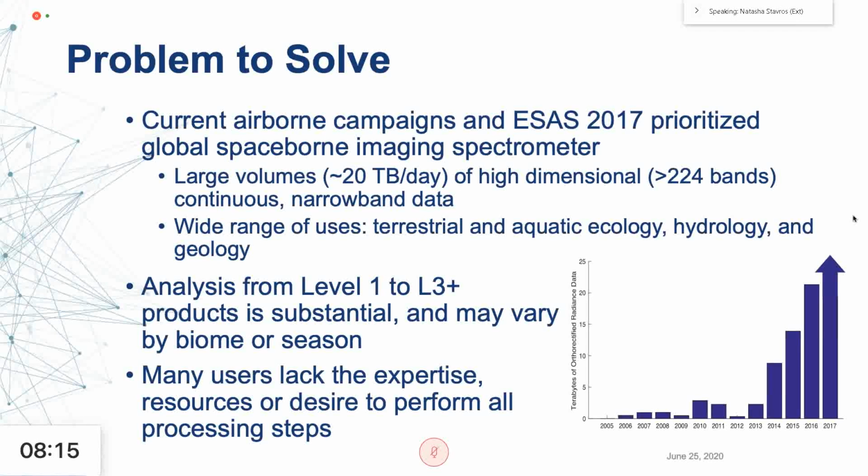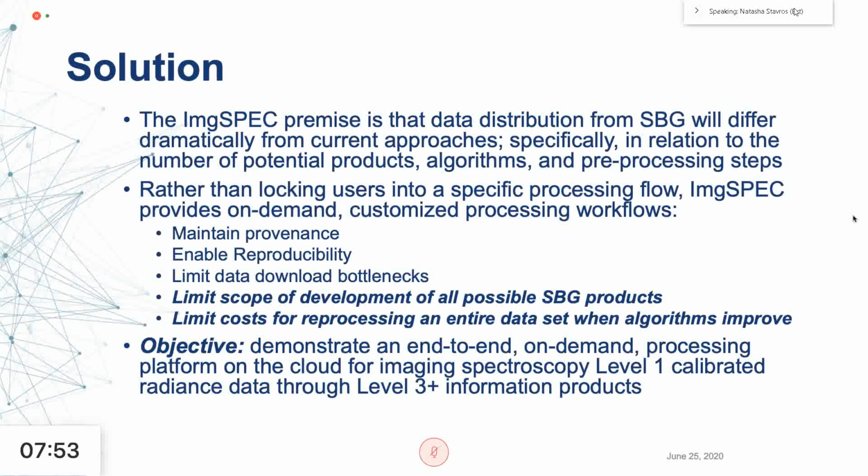And so the idea behind ImgSPEC is really to break down these barriers so that we can enable scientific investigations with the information that resides in that data by removing the barrier to producing products of value for those scientific investigations. So next slide.